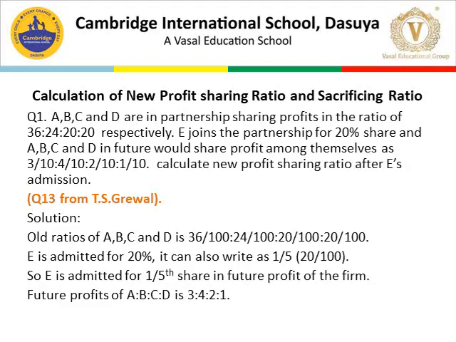Now, E is admitted for a 20% share in profit, which we can write as 20 divided by 100 equals 1/5. So E is admitted for a 1/5 share in profit. The future profits of A, B, C, D are 3 : 4 : 2 : 1.